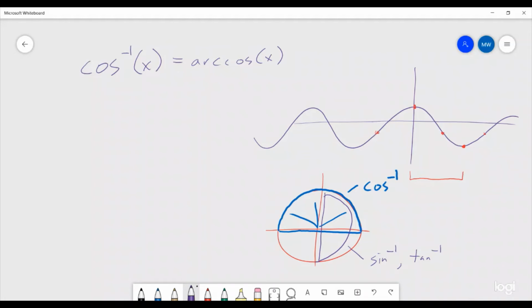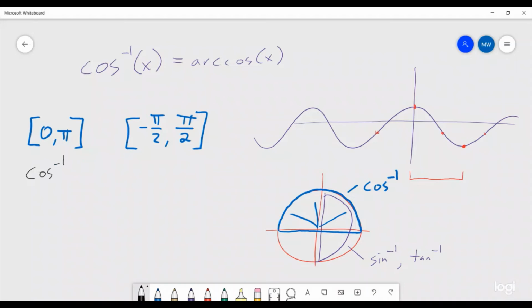So if you're trying to think of what intervals you have, for the interval 0 to pi, and then the interval negative pi halves to positive pi halves, this is going to be inverse cosine, this one's going to be inverse sine, and then inverse tangent is the same as inverse sine, except it does not include the endpoints.